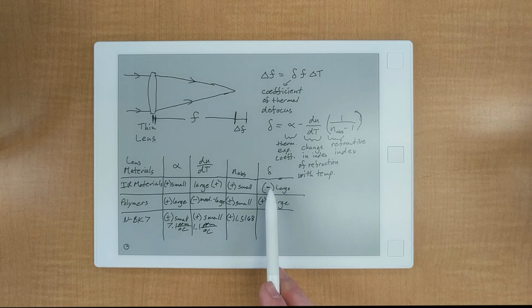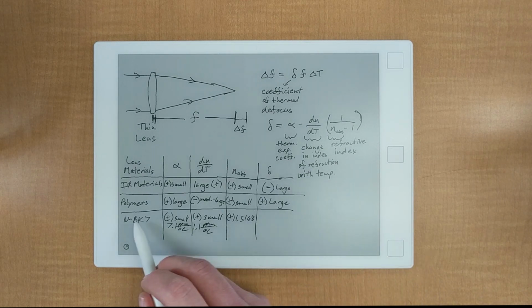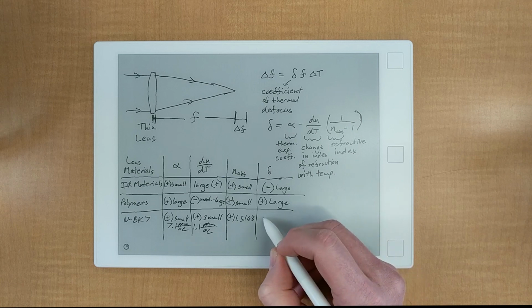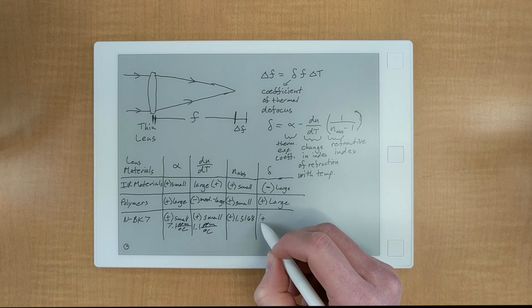So your delta for N-BK7, I believe, is going to be positive, and it's going to be small.